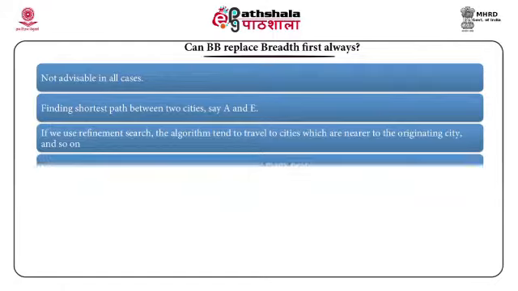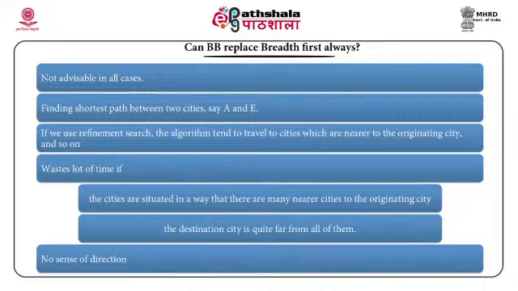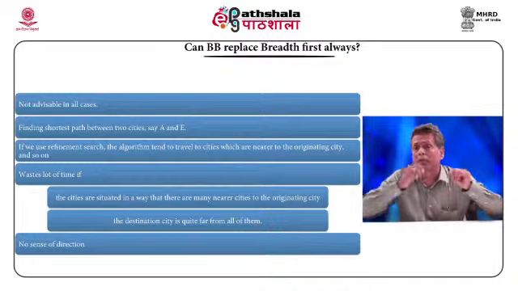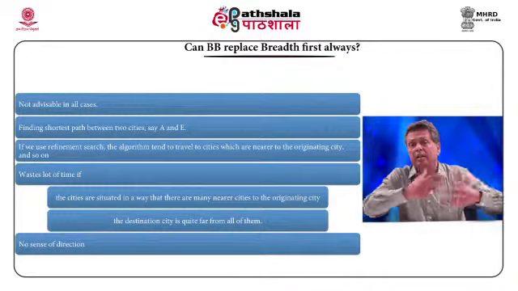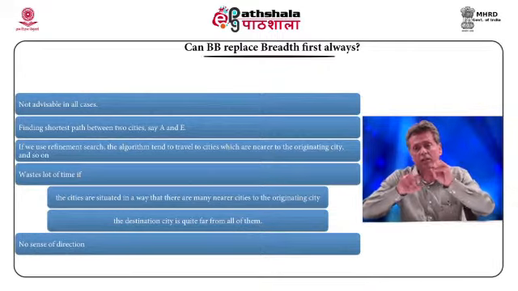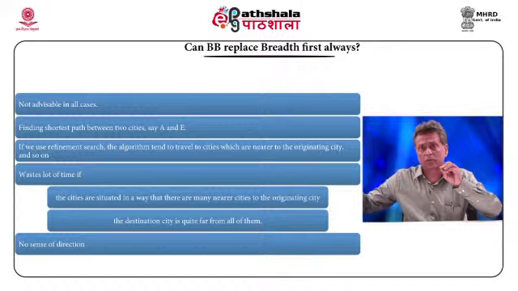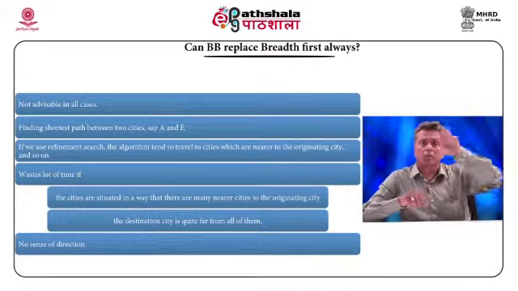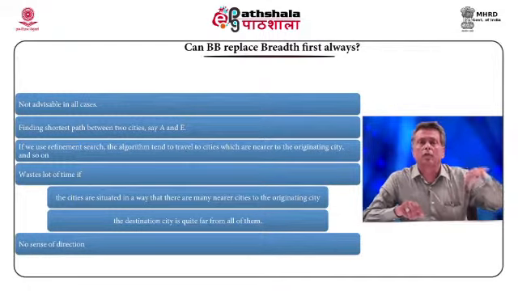The question that one may ask is, this branch and bound is great. Can breadth first search be replaced by branch and bound in all cases? No, sometimes it cannot. Remember, branch and bound prefers the nearer nodes. Sometimes it is possible that the starting node is here, the ending node is quite far, and there are plenty of surrounding nodes near the start.